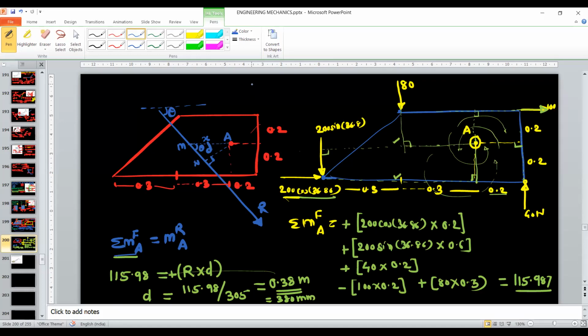If you use sine theta, which is equal to distance AN upon the distance x, that is the hypotenuse, then x is equal to the distance D, which is 380, upon sine theta, which is 36.86. So you will get the answer, 633.47.